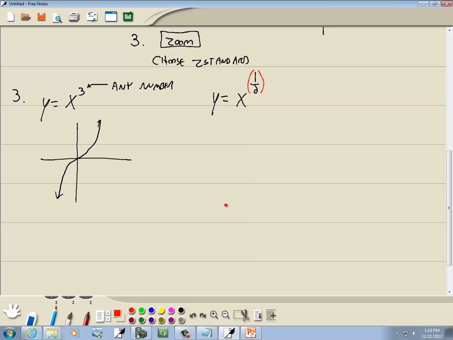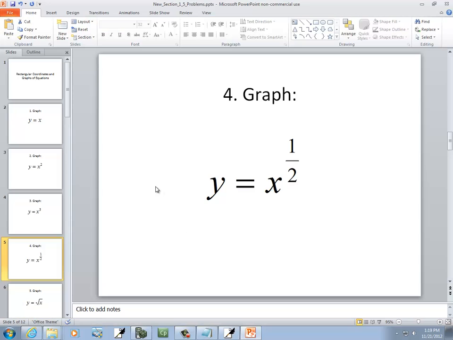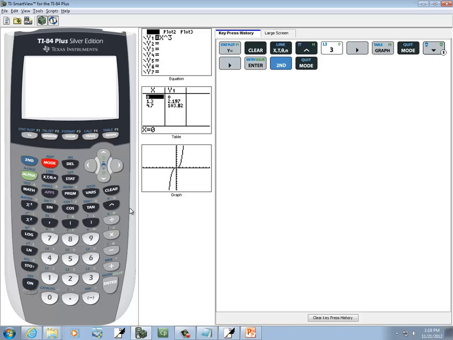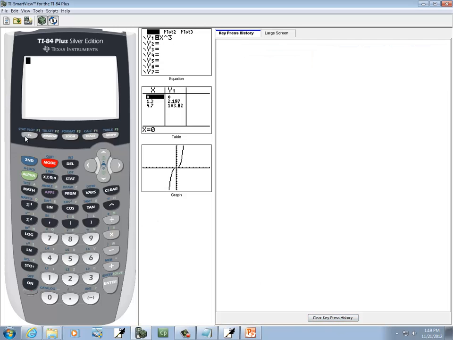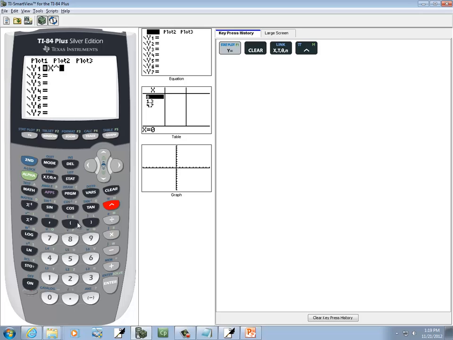So when I plug this one in, I want to put parentheses around the exponent. Okay, so I'm going to press my y equals, clear, and I do x caret, beginning parentheses, 1 divided by 2, closing parentheses, and then graph.